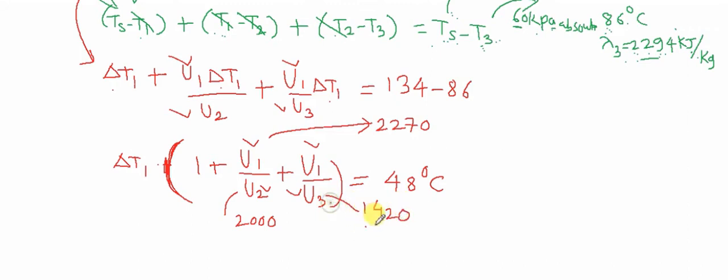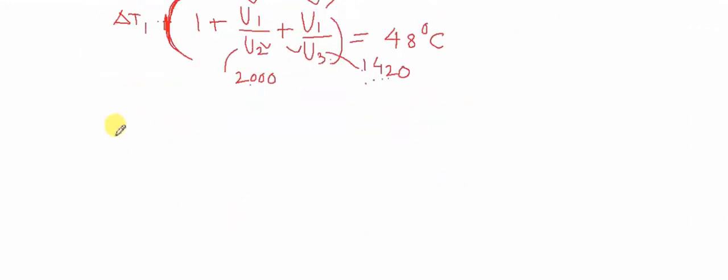So just substitute these values 1420, 2000 and 2270, and from that you will get delta T1, and that delta T1 is coming 12.9 degrees Celsius.